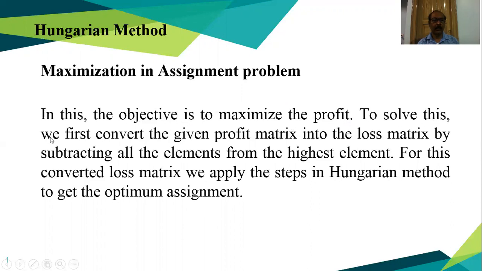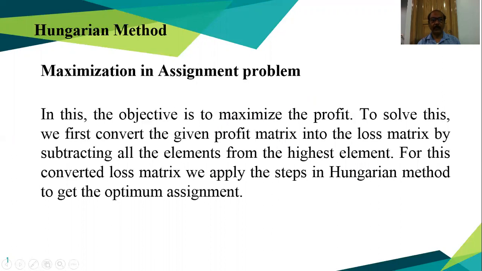To solve this, we first convert the given profit matrix into a loss matrix by subtracting all the elements from the highest element of the profit matrix. So first, maximization in the assignment problem. In this case, the profit matrix is given. From the profit matrix, we have to convert it to a loss matrix.